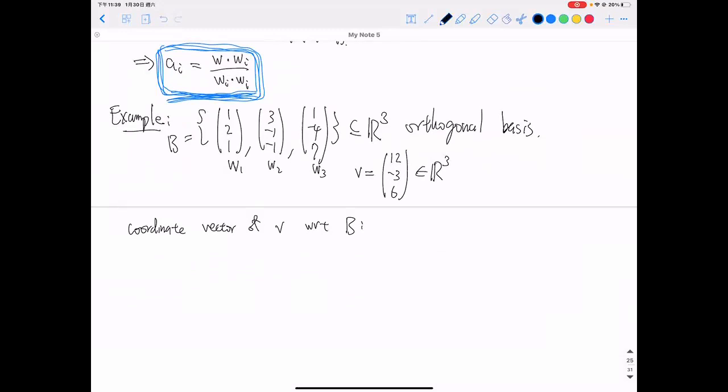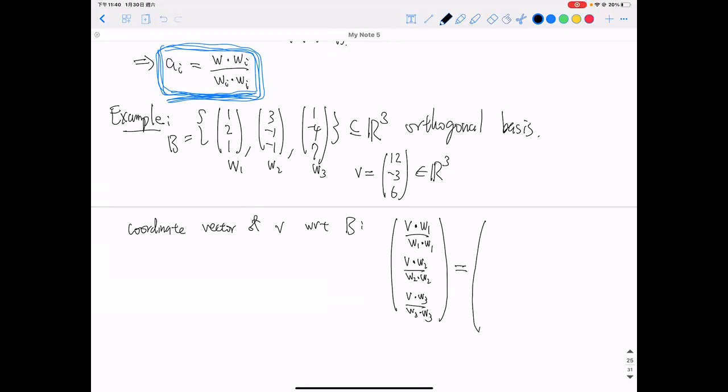All we have to do is take our V, dot with each of the W's. According to our discussion, the coordinate vector of V with respect to this basis B is computed this way.